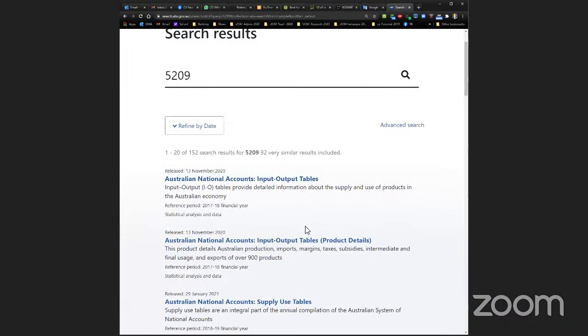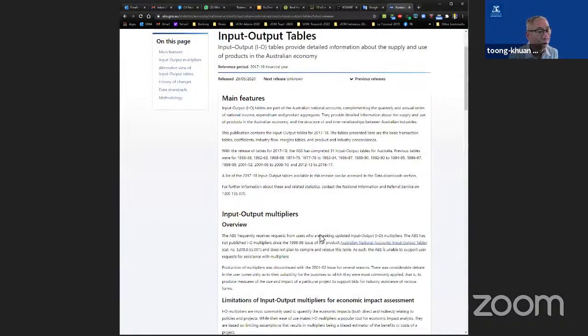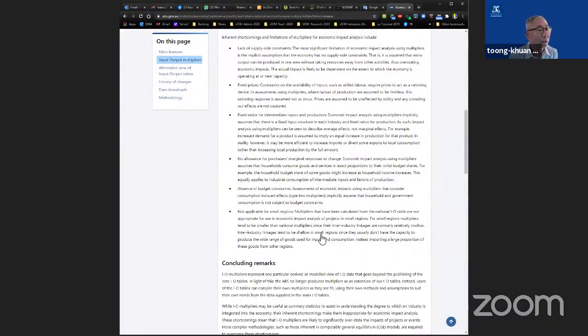So this is super easy. Click on the first link and you should be able to get all the input-output tables for all the years that are available, okay?